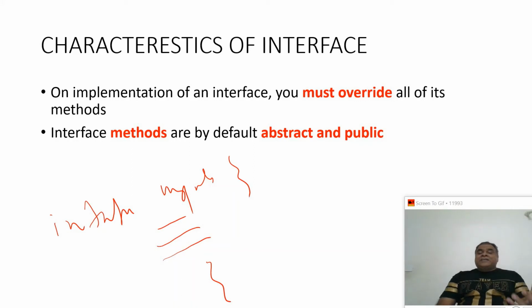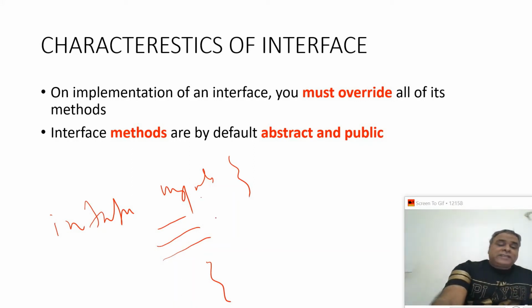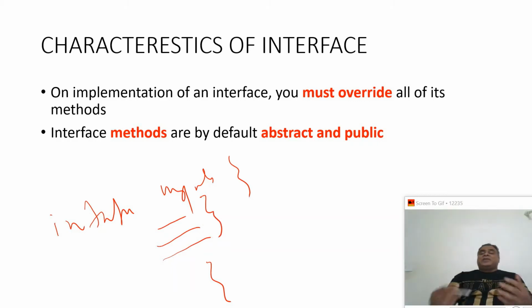When a class implements this interface, all these three methods must be overridden. You understood the point? So if an interface has 10 methods, then when you implement that interface in your class, you have to override all the methods. Very important. That's another important point.